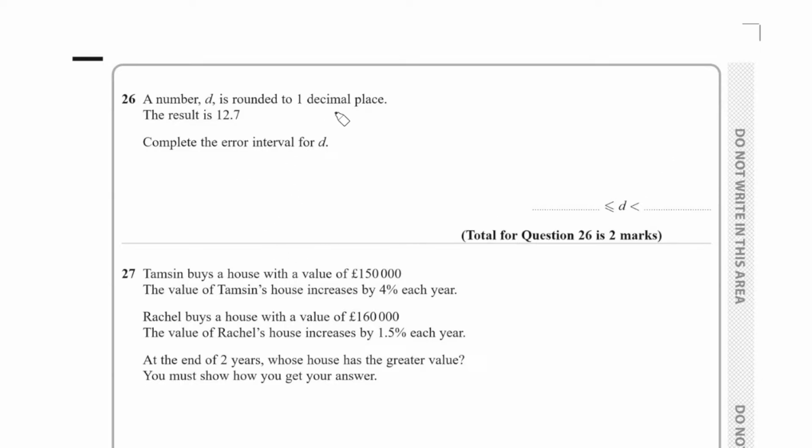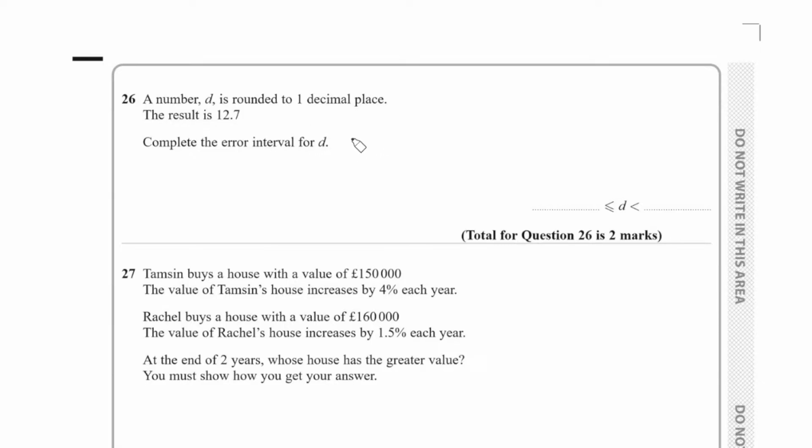So if it's rounded to 1 decimal place, just think, well, what's the smallest value that it originally could have been to make them round it up to 12.7? And same idea, what's the biggest value it could have been that would then make you round it down to 12.7?